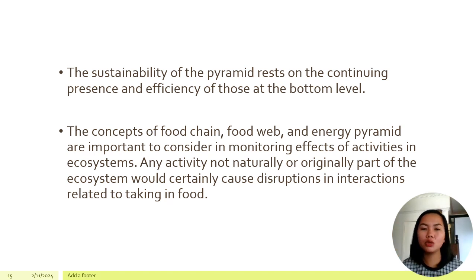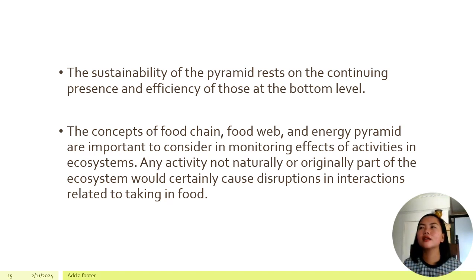So the concepts of food chain, food web, and energy pyramid are important to consider in monitoring the effects of activities in ecosystems. Any activity not naturally or originally part of the ecosystem would certainly cause disruptions in interactions related to taking in food. Thus, we reiterate that any unnatural activity in an ecosystem, as we say, ecosystem is one functioning unit, right?